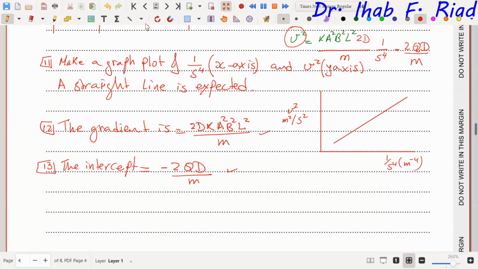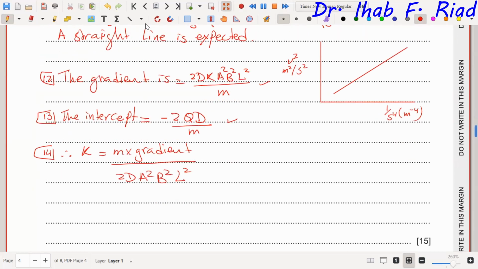Now he is asked to calculate K and D. Therefore, K is equal to what? M multiplied by gradient. M times gradient, divided by 2D A square B square L square.